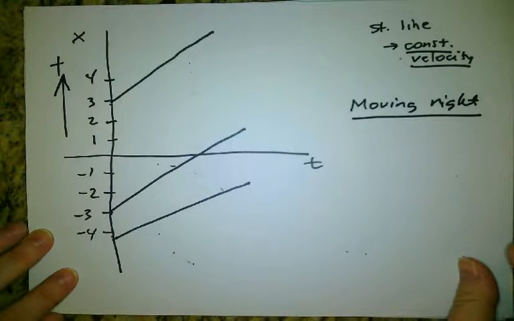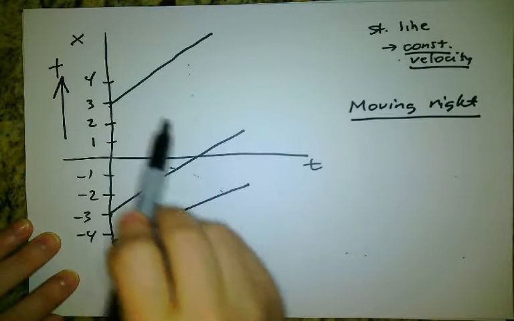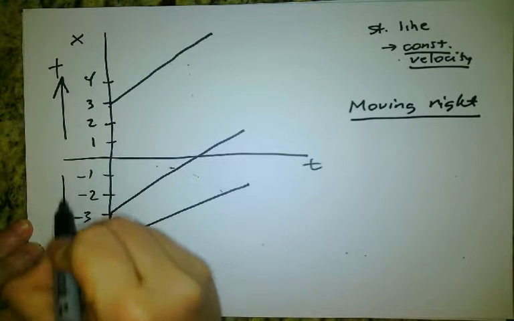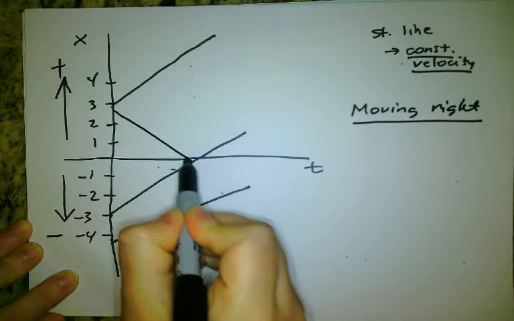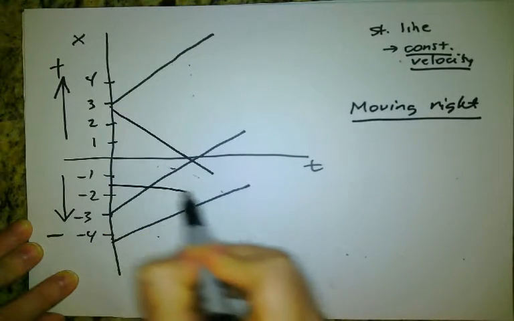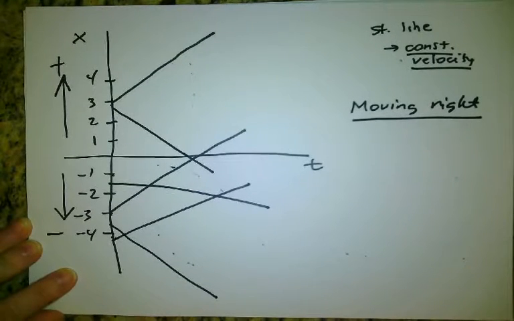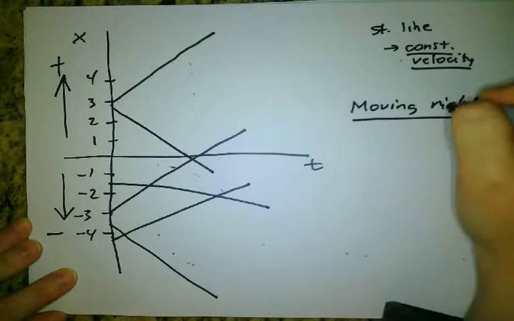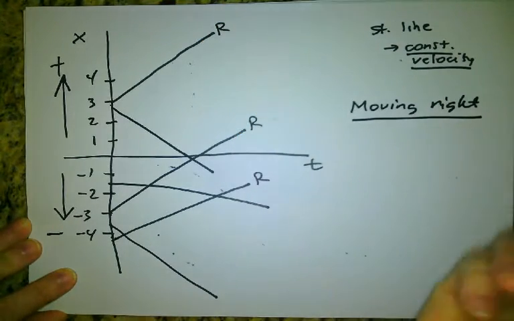So now let's do the case where you're moving left with a constant velocity. My position numbers have to get smaller, so I'm going to have to become more negative. So I can draw a graph like this. The slopes don't have to be the same. I can do anything I want. So let's say this is moving right.